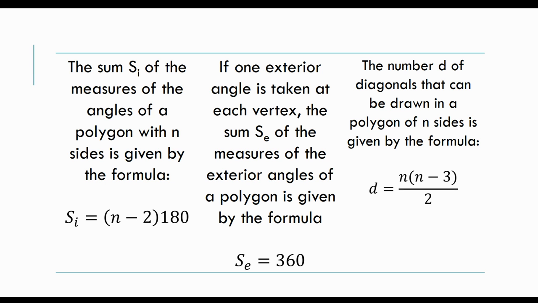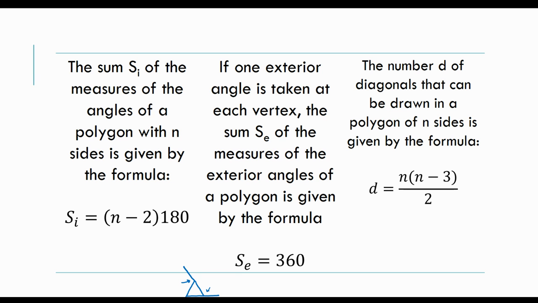So every single exterior angle, let me sketch a picture here for you. Say I have a triangle. Obviously all the angles inside are interior. If I extend this side, there's an exterior angle. If I extend this side, exterior angle. If I extend that side, exterior angle. Those 3 angles would always add up to 360.